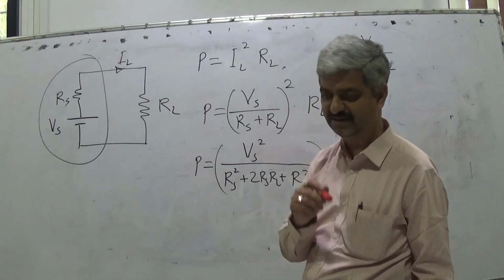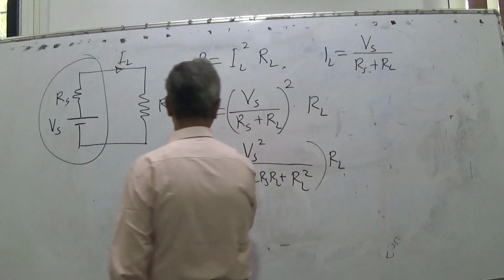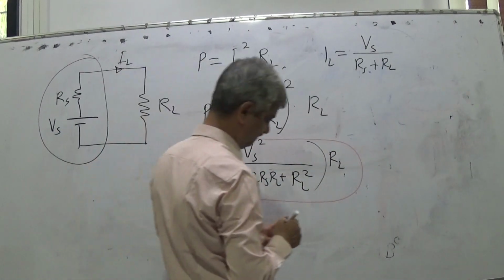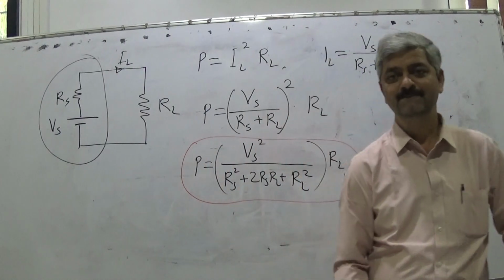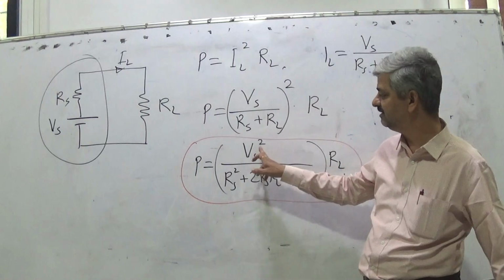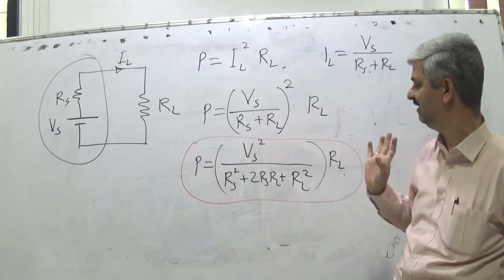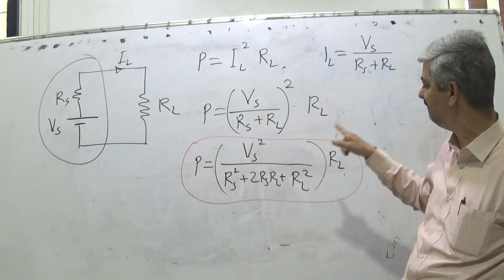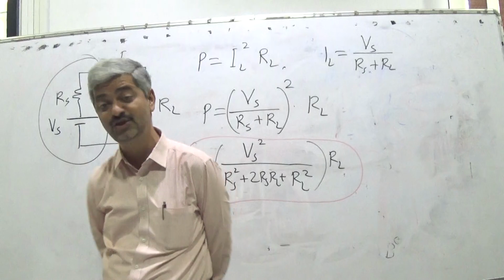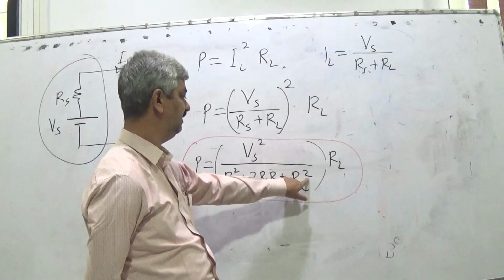Now it's a very interesting question for which you can take a pause and think. In this given expression, Vs is constant, Rs is constant, RL is variable. So P is a function of RL. It's a non-linear function because a square is appearing.